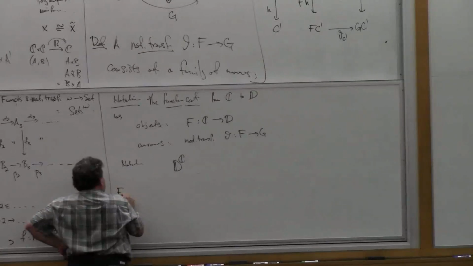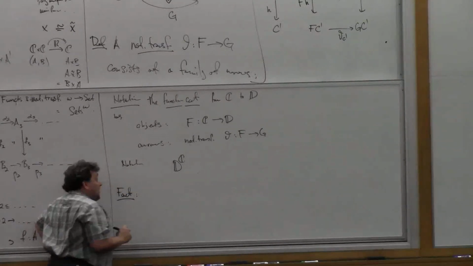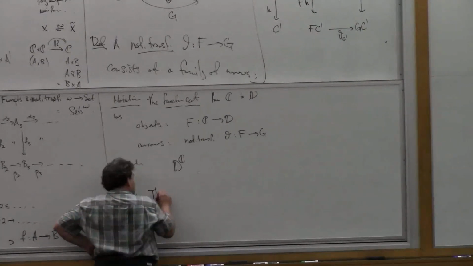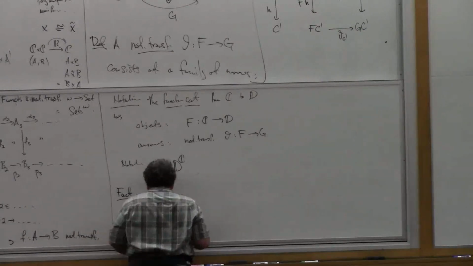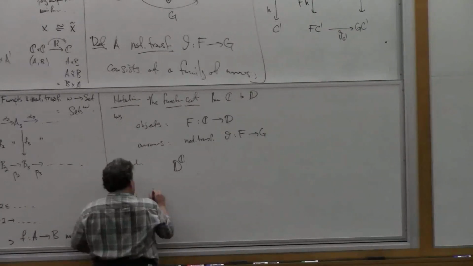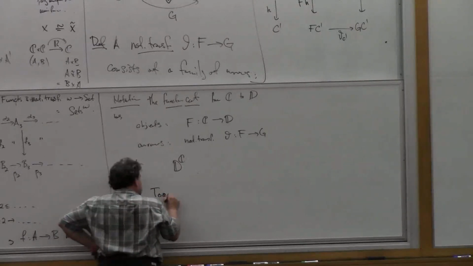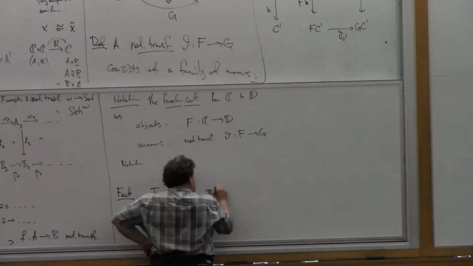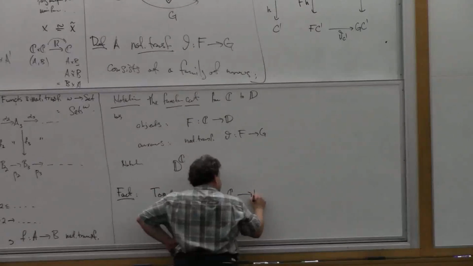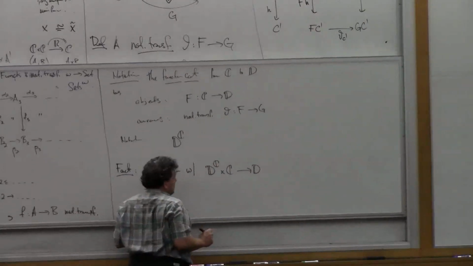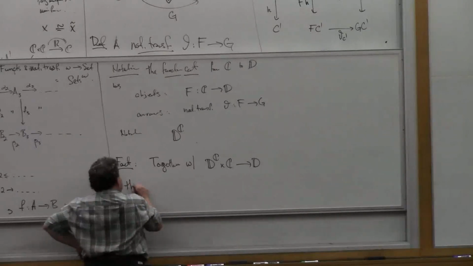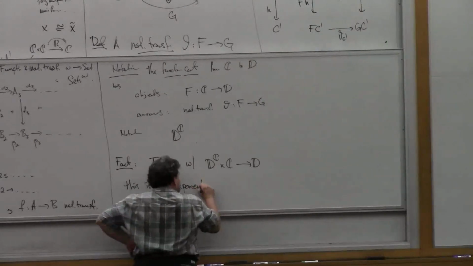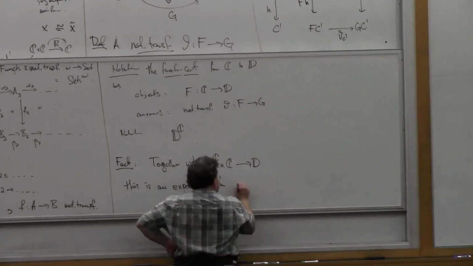So here's a fact. I won't prove this, but it's good to mention it now because it justifies our notation. This is, in fact, together with the obvious evaluation functor, an exponential in Cat.